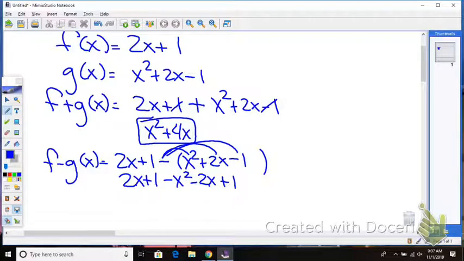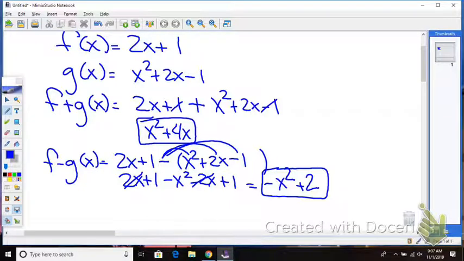The negative's in front of the g. So I put the g there and distributed, and then it's just combining like terms, which in this case I'd have negative x squared. My 2x and my negative 2x are going to simplify out, and now my 1 plus 1 would be 2.